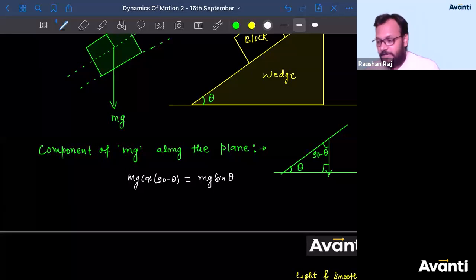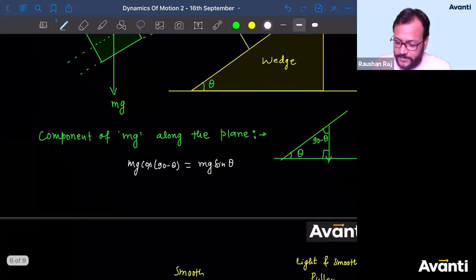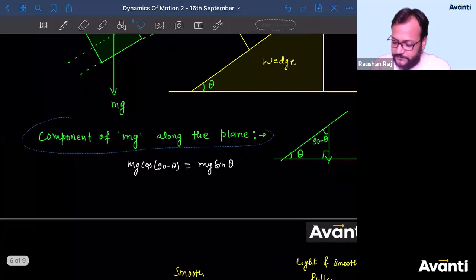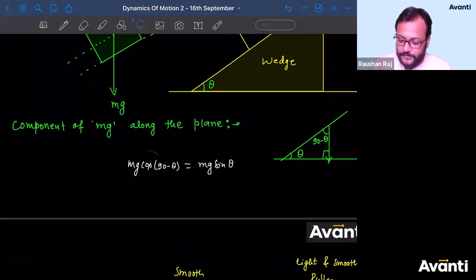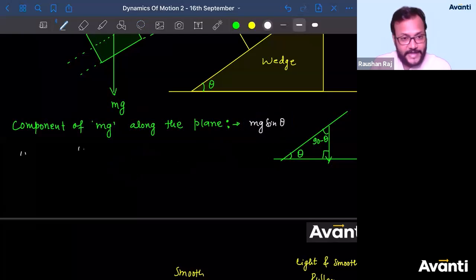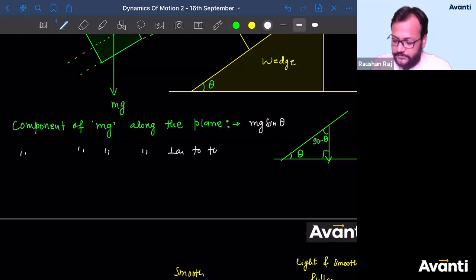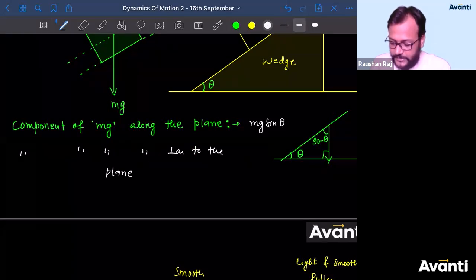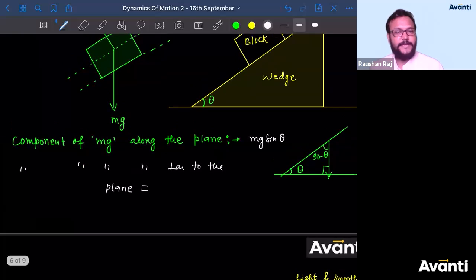Clear hai? Chaliye. Now if I ask you what is the component of mg perpendicular to the plane, tell me the answer, guys. Jaldi se answer karo. It will be mg cos theta.